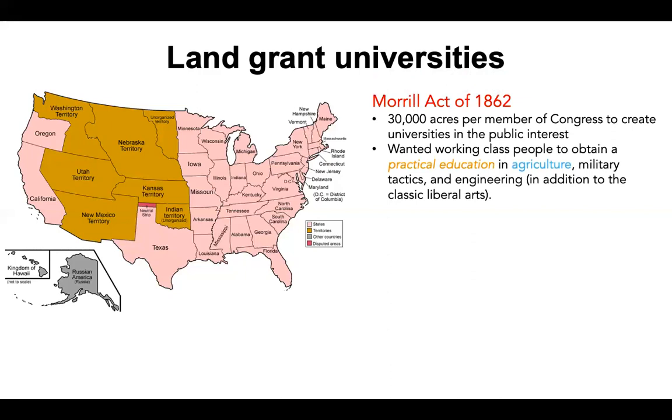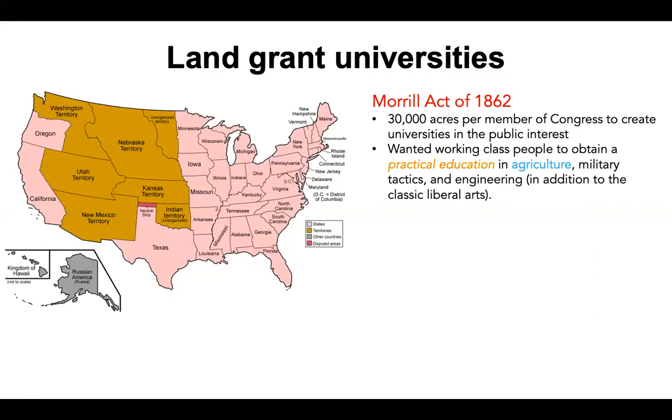It started around 1859, working its way through Congress at the time. They had some other stuff going on, in case you didn't know. But anyways, what it did is it took 3,000 acres of this kind of pillaged land and gave 30,000 per member of Congress to each state to establish these universities in the public interest.